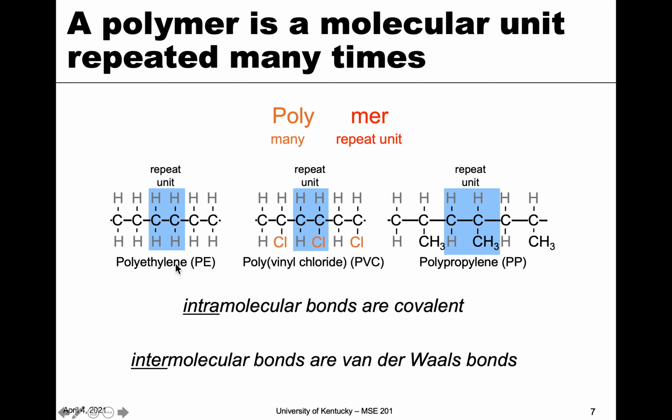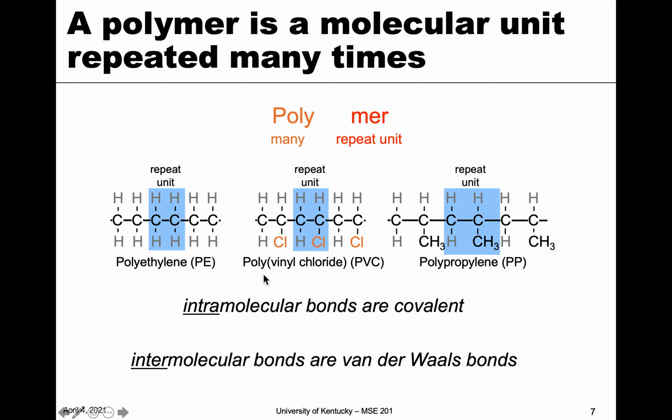We can change what is off of that carbon, what we call the carbon backbone. We can change it from hydrogen to other things. If we change one of them for chlorine, we get polyvinyl chloride, or PVC. If we introduce the CH3 group, we get polypropylene, or PP. All of these are variations of the same vinyl polymer, as we'll talk about later.